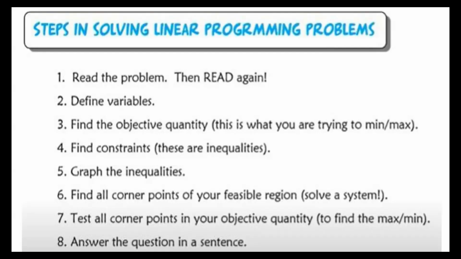We're going to use the corner point. And then we will be able to answer the question we started off with. Because most of the time they want to know what's the maximum profit or minimum cost or whatever. You will be able to answer the question after some amount of calculations.